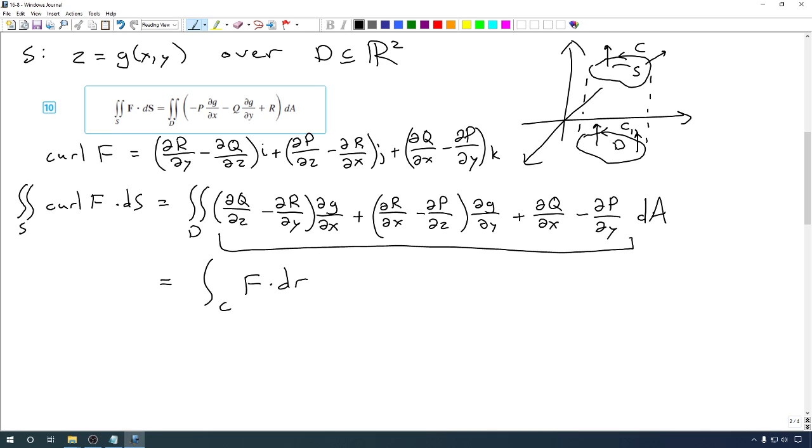Now, of course, we've only done this in one particular case. If we have a parameterized surface, it still actually does work. It just takes a lot more effort to prove. And we're definitely not in a place where we could do that here.